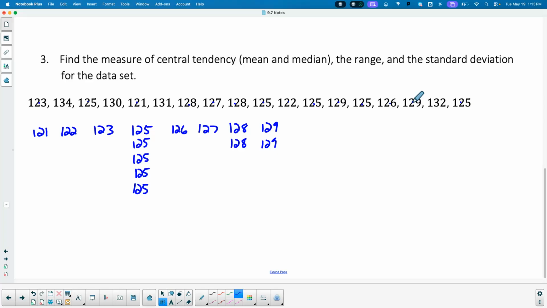I don't know. There's a 130. 131. 132. And a 134.